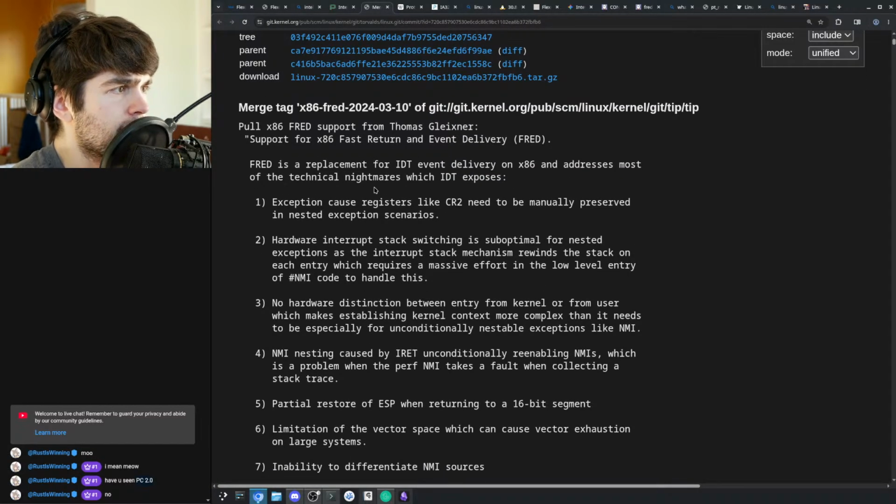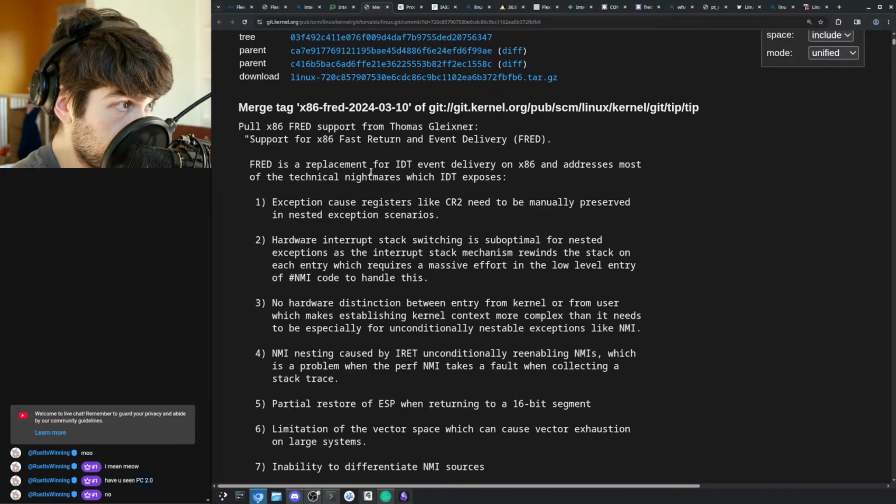FRED is a replacement for IDT event delivery on x86 and addresses most of the technical nightmare which IDT exposes.